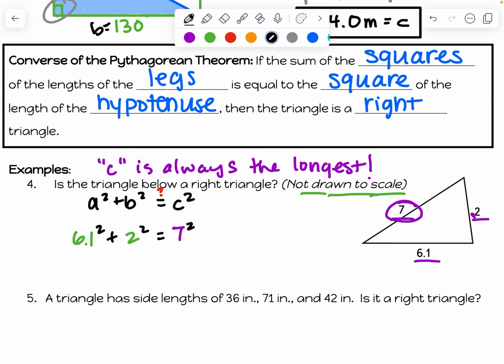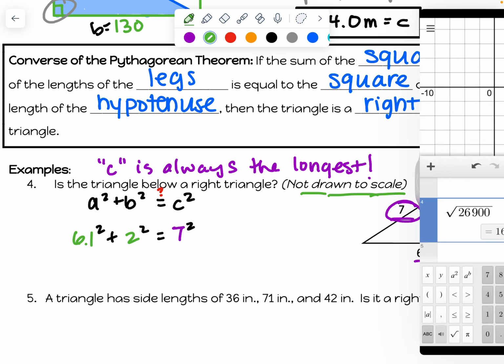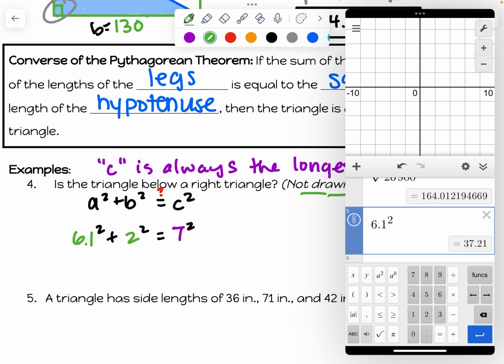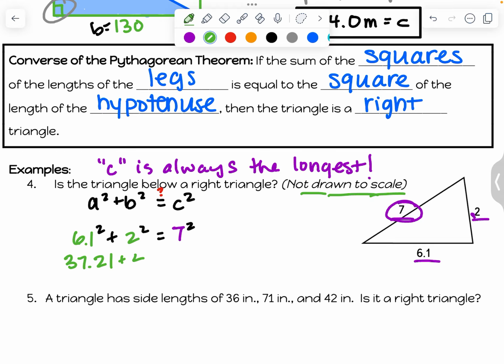Okay, so now hopefully you have a calculator handy, because I don't know what 6.1 squared is. Let's see. 6.1 squared, 37.21. I do know what 2 squared is, 4. Now we're checking to see, does that equal 7 squared, which is 49.